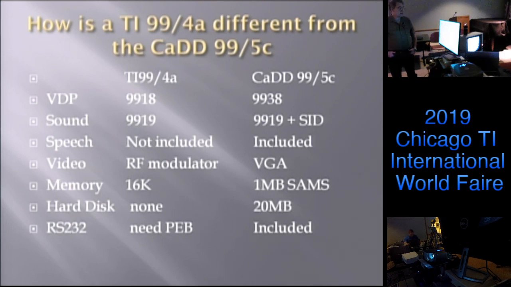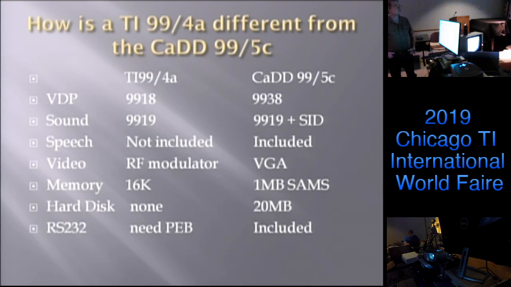Speech, not included on a TI-99, included on the emulator. Video was originally an RF modulator, now it's VGA. Well, it was actually NTSC that you could plug into an RF modulator.